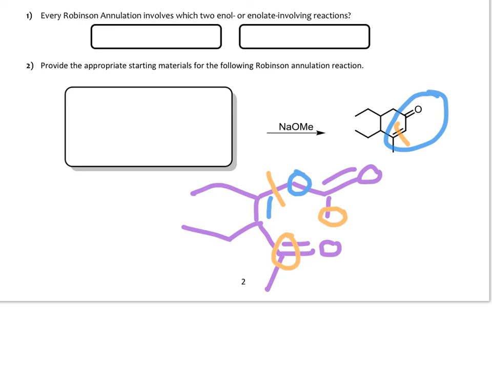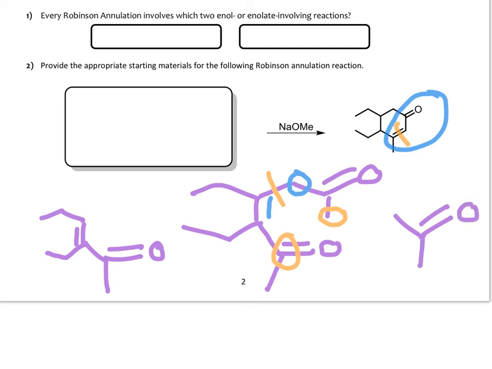If we work backwards again, this is going to give us something that looks like this. That's our alpha beta unsaturated ketone.